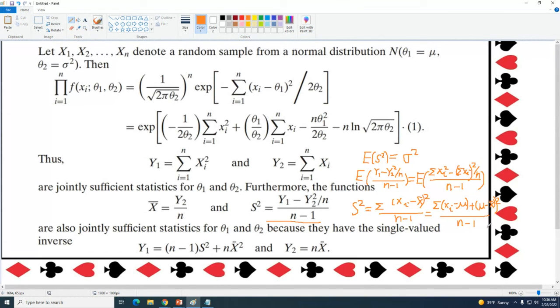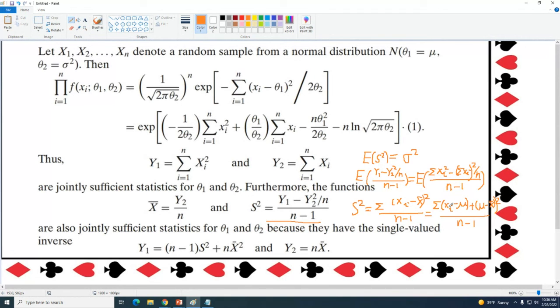So if we have this, what is it? Expectation of this was the proof of this.